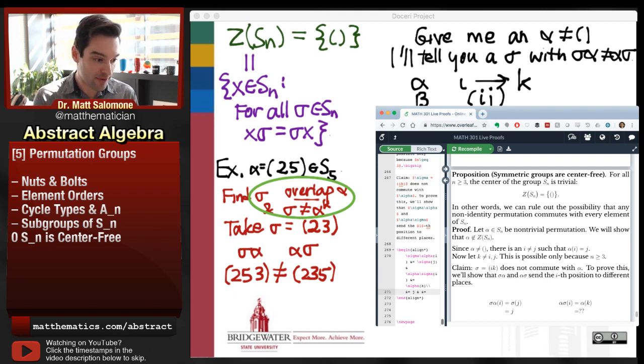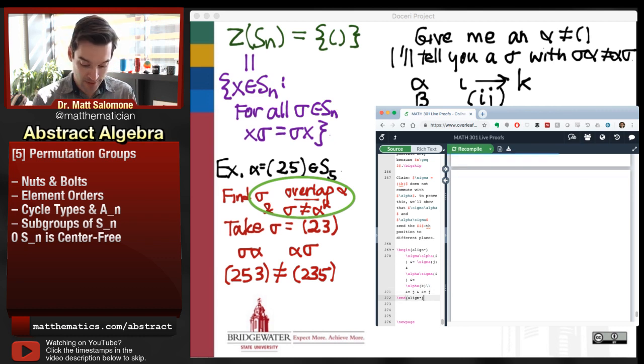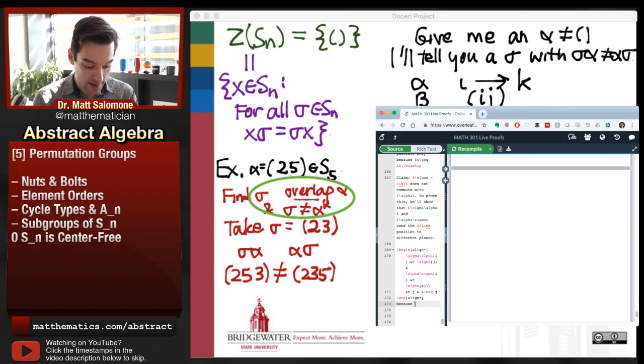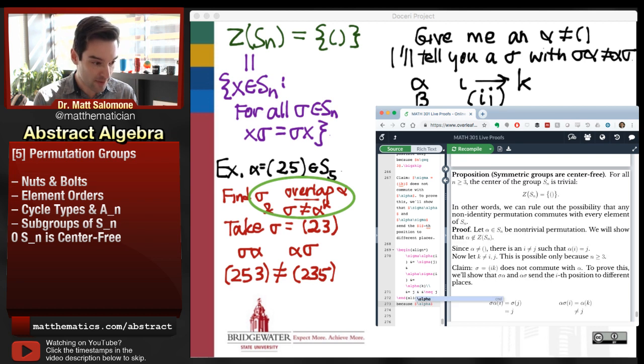How do I know that alpha of k cannot be equal to j? I know alpha of k cannot equal j, so I'm going to put a not equal to here, just to not get us confused. I know that's the case because alpha of i is equal to j.